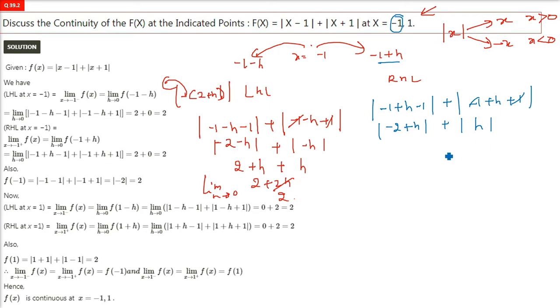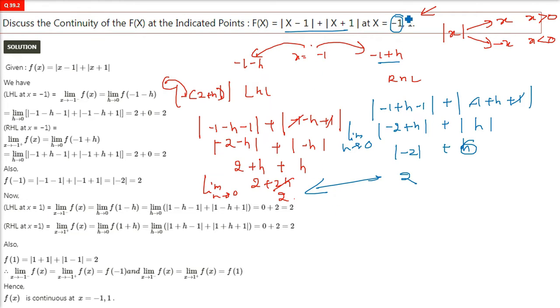It will be h, plus h is already there. We apply the limit here only. So h is 0 of course, and when -2 comes out of the modulus, it will be 2. So you see here, left hand limit and right hand limit are the same.